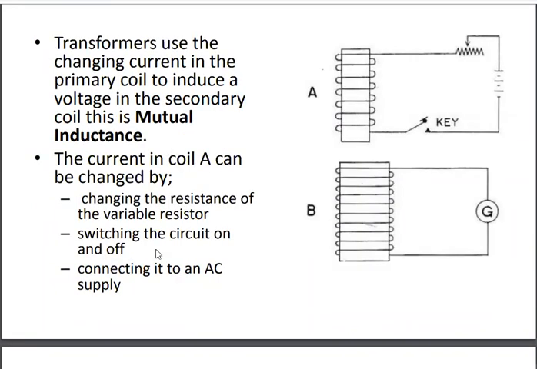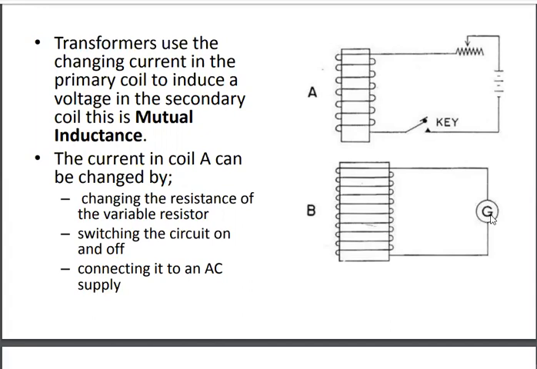So switching the circuit on and off, connecting it to an AC supply. Right now it is a DC supply. With a DC supply, when you switch on and switch off, you will see the galvanometer pointer deflected.